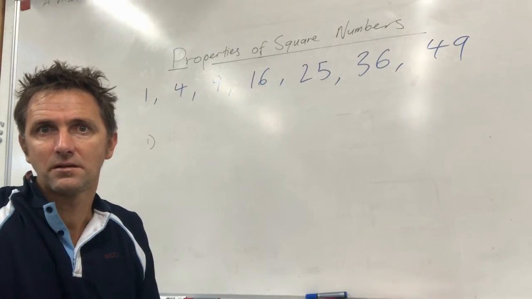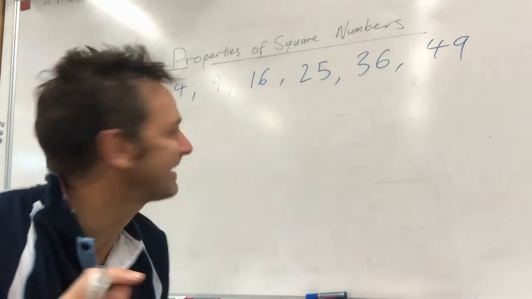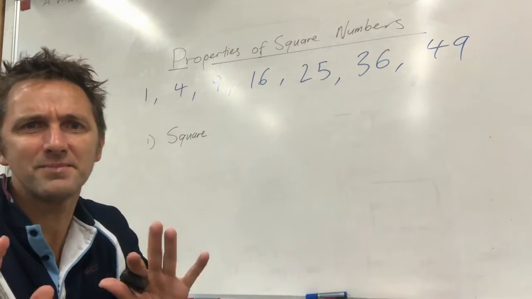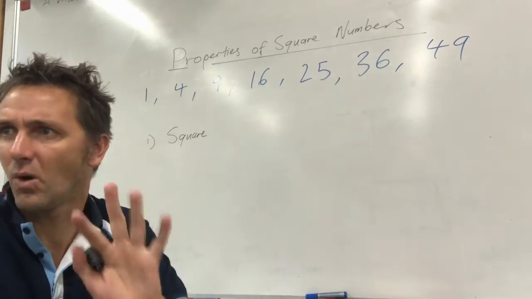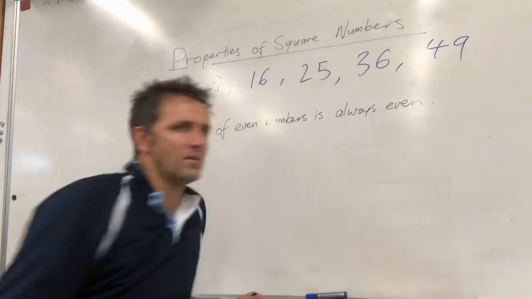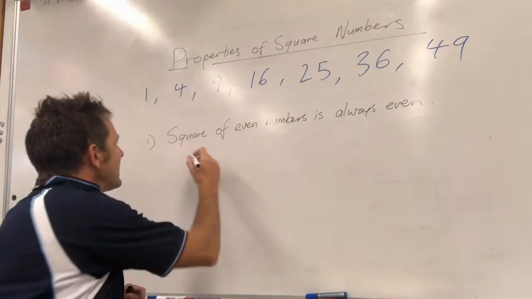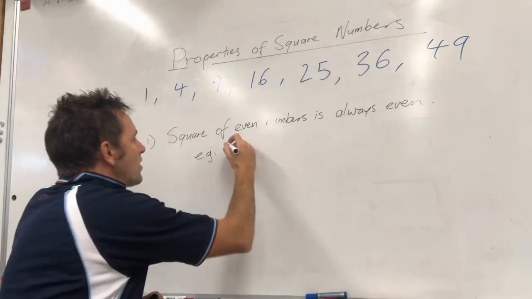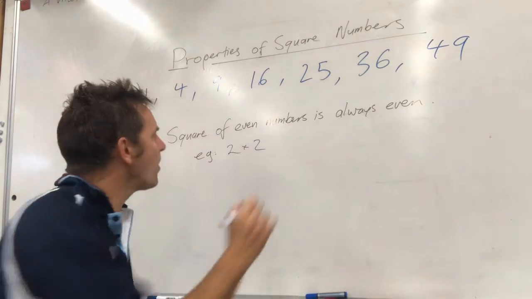Okay, so first property. Square of even numbers is always even. For example, 2 times 2 equals 4.